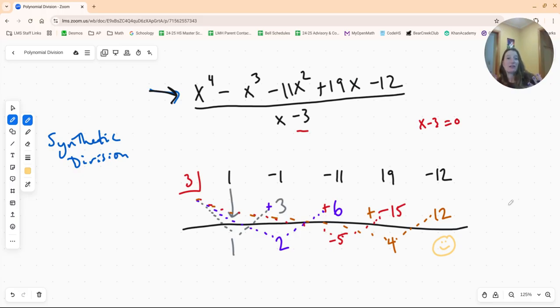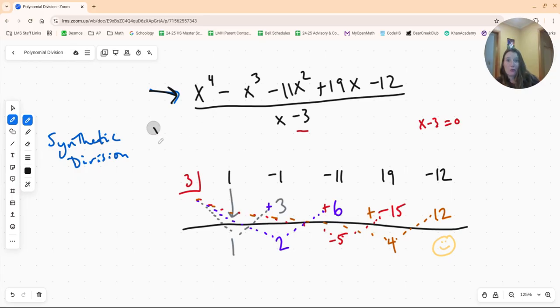That means that x minus 3 was actually a factor of that gigantic polynomial on the top, x to the fourth minus x cubed minus 11x squared plus 19x minus 12. That is x minus 3 times something. And that mystery something is what we actually just figured out. It's kind of hidden in code here.